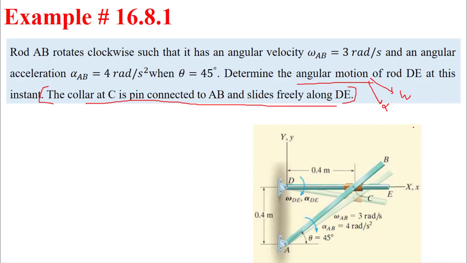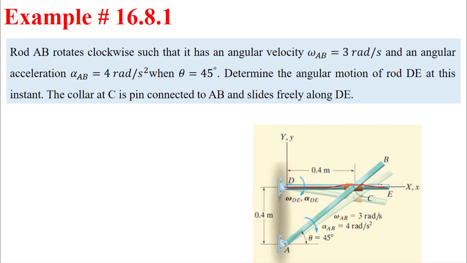This type of problem, this mechanism, is one of the mechanisms where the Coriolis component will appear. Why? Because the slider has two motions. The first motion is rotation with link AB, and the second motion is sliding on link DE. And usually the link that the slider is sliding on is where we apply the equation of section 16.8.